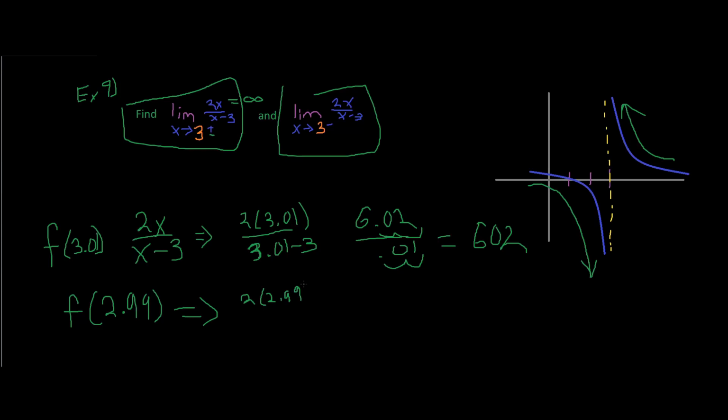If you're ahead of me, you could work out the problem. We know the bottom part's going to be negative, so that's going to equal, what do you think it equals? Negative 0.01. On the top it's going to be 5.98. And like we did over here, we could move the decimal places.